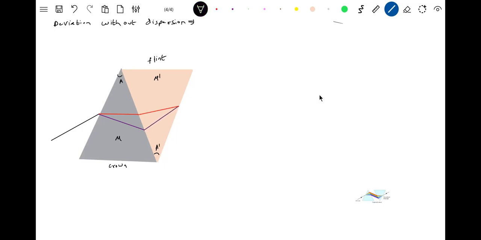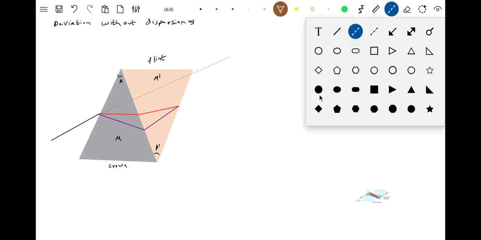And finally, I'll get back the, if you see these two, there is a deviation.